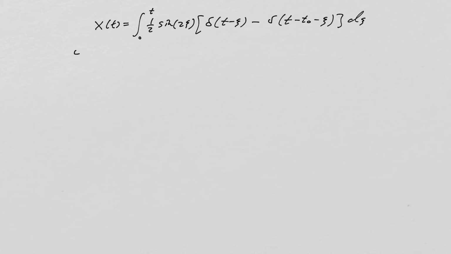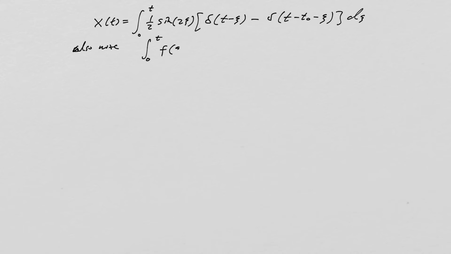So we could also note that if I have some integral from 0 to t of f of c times delta of t minus c dc, that's simply going to be f at t. That's just using the identities of the delta function in a slightly different way of expressing it.